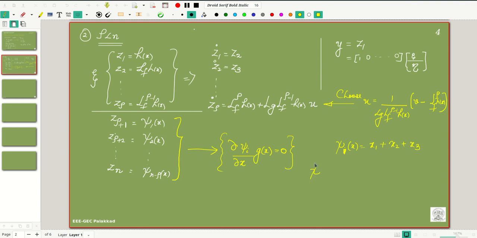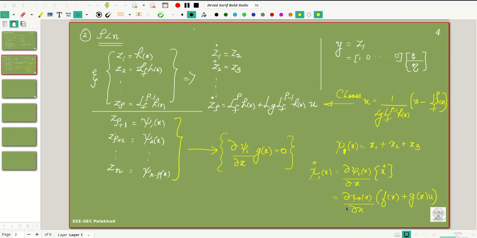If I take psi i dot of x, what will it be? It is dou psi i of x by dou x into x dot, right? What is x dot here? It is dou psi i of x by dou x into f of x plus g of x into u. So what is the condition?